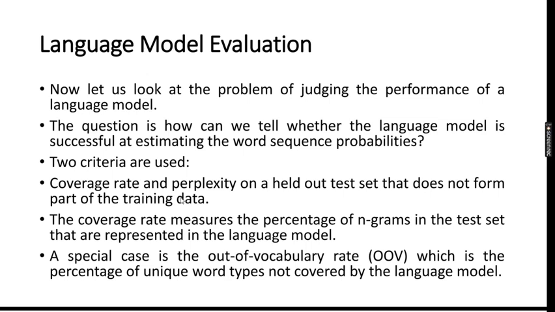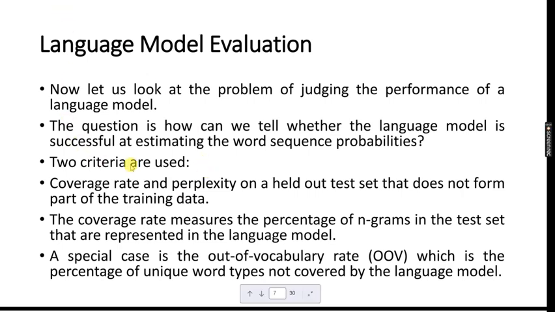Say if the previous words are relevant for only 50% to predict the next word, then we can say that the coverage rate is 50%. So based on that, we can say how much coverage percentage our model is giving.